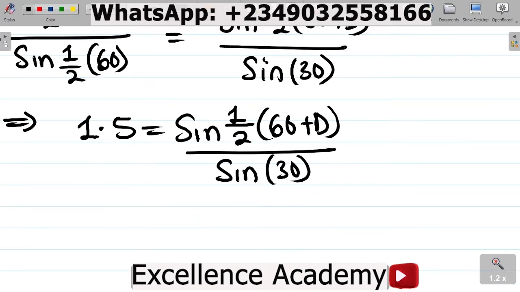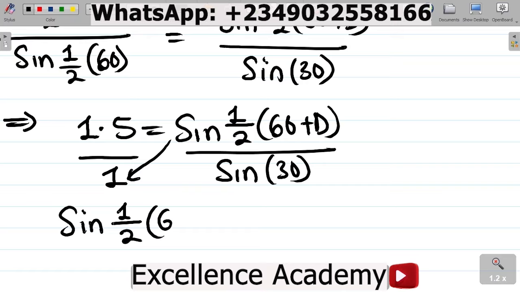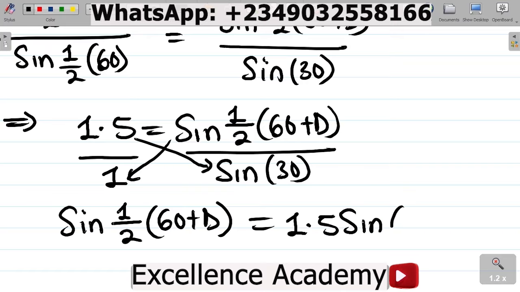Now in solving this, of course, this is all over 1. So it becomes this times 1. Sine of half into 60 plus D times 1 gives you sine of half into 60 plus D. This one here is equal to, this multiplies this, that gives you 1.5 sine 30.